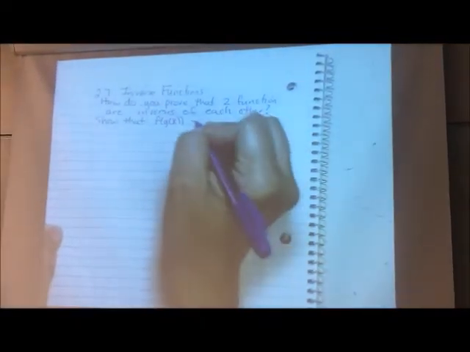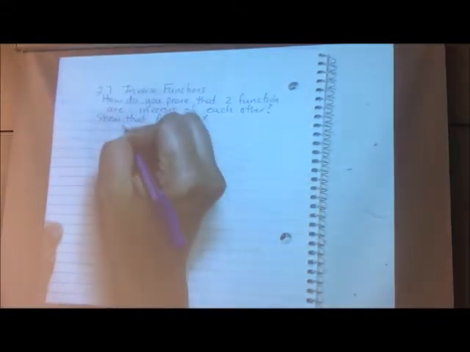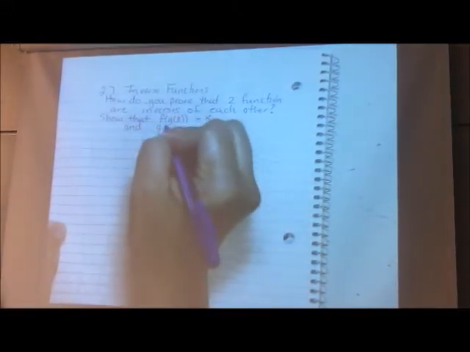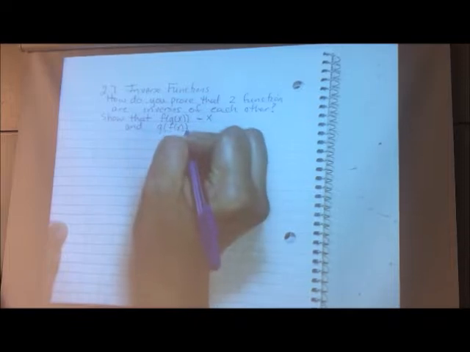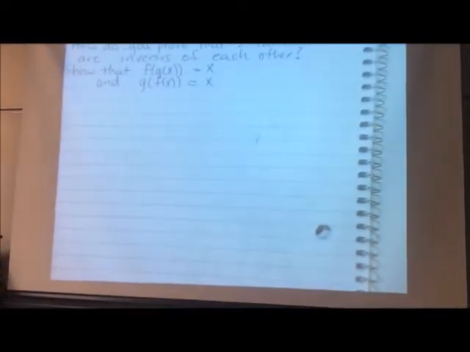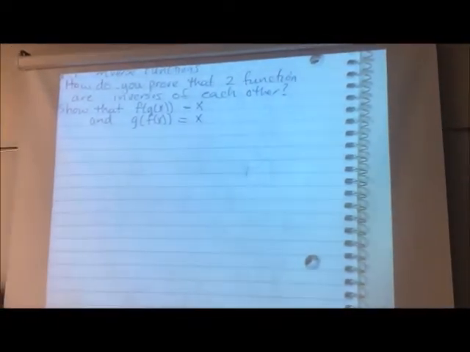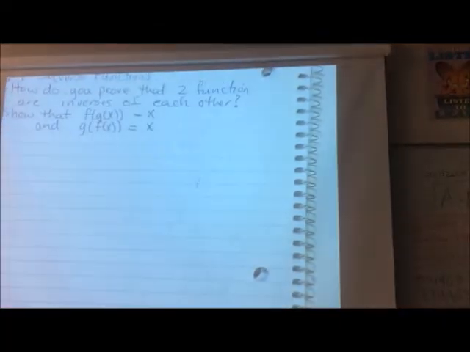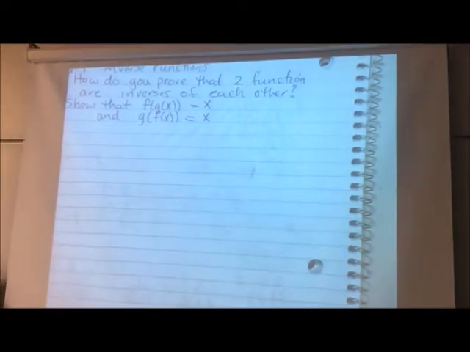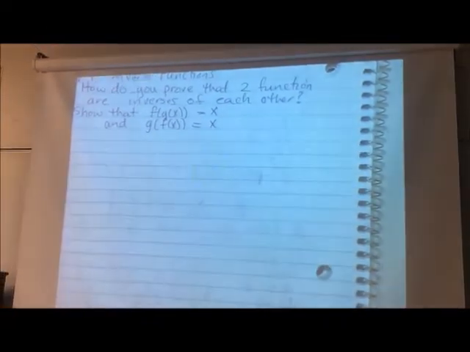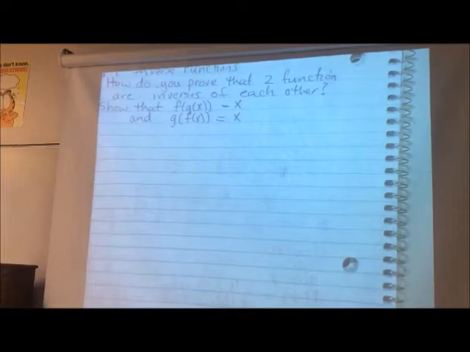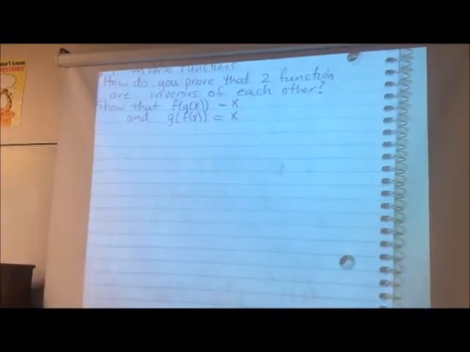Yes. Equals x, and g of f of x equals x. If you could show that both of those are equal to x, then you should be able to prove that they are inverses.